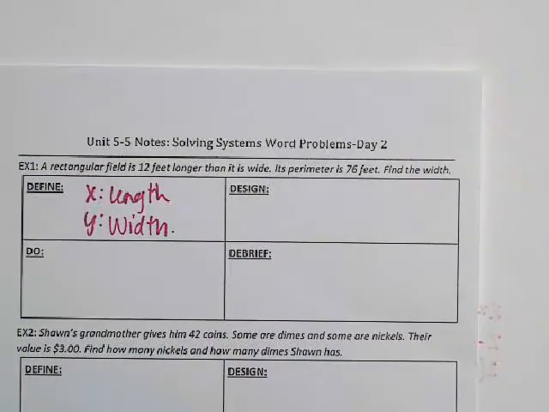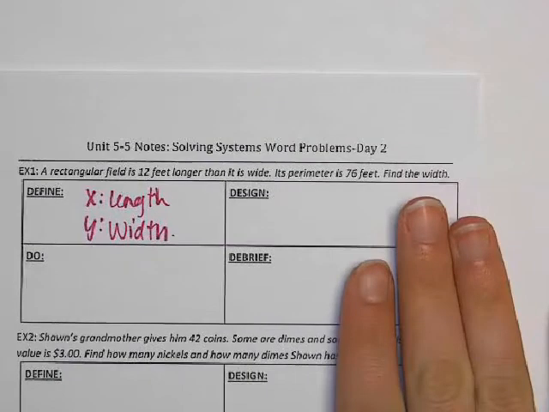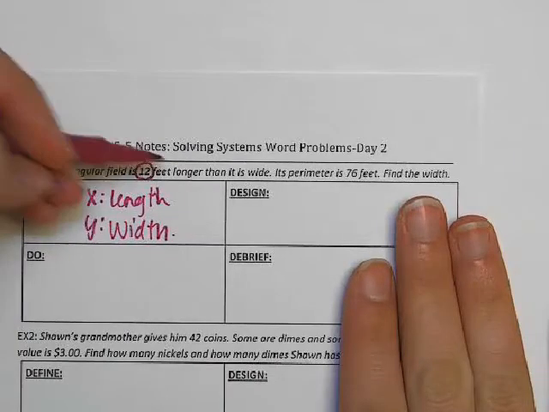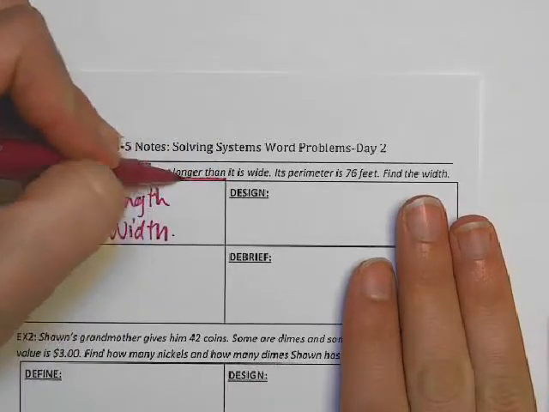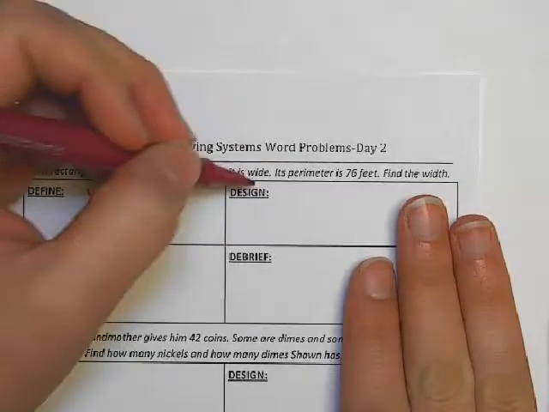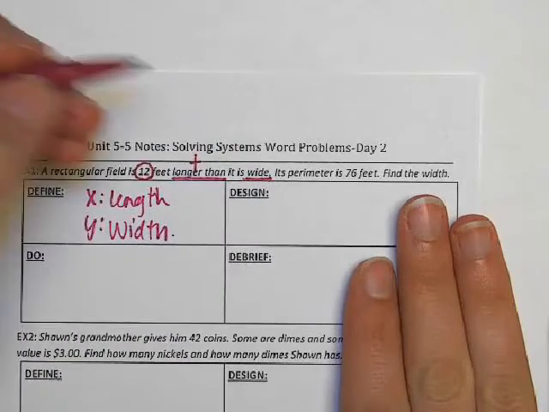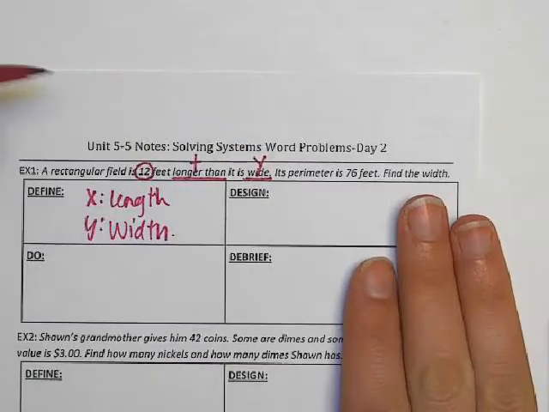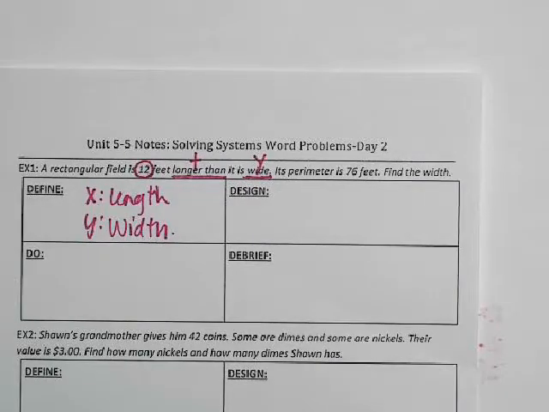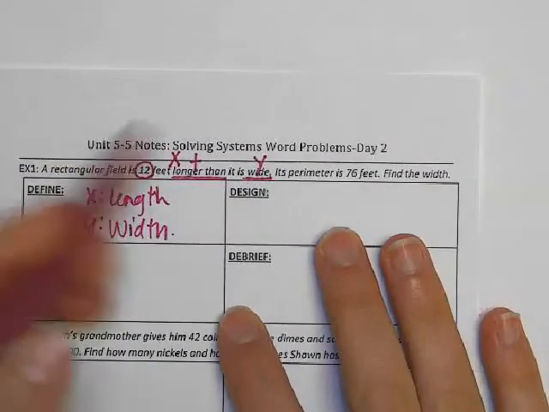Okay, and I'm going to go sentence by sentence and come up with these equations. A rectangular field is 12 feet longer than it is wide. So what's important here? 12 longer. Longer than would be plus, and wide is representing y. Longer means your length, so this is x, and it means addition.